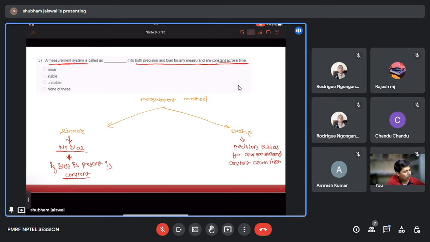So this condition that I have highlighted in green is satisfied by our stable method of measurement. So the correct answer will be the second one, that is stable.